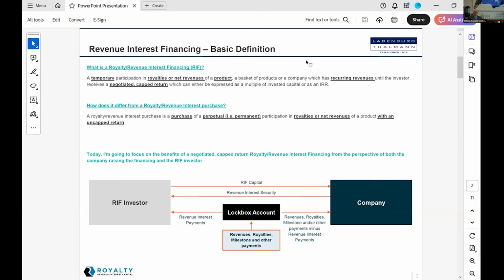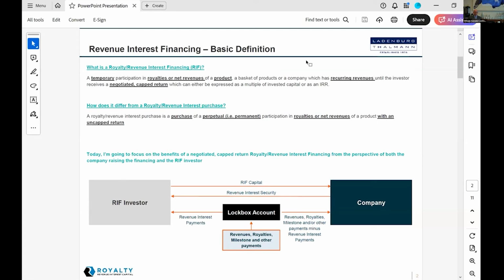I'll explain in a little more detail. And they continue to receive that royalty interest until they've received a negotiated capped return, which can be expressed either as a multiple of invested capital, MOIC, or as an IRR.